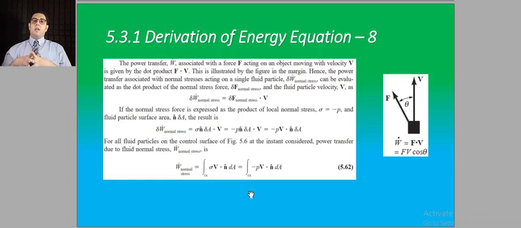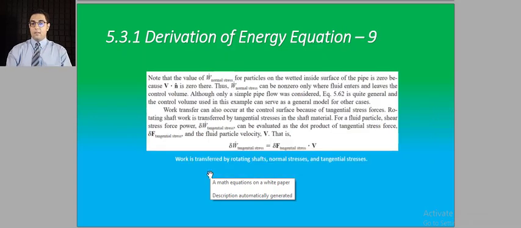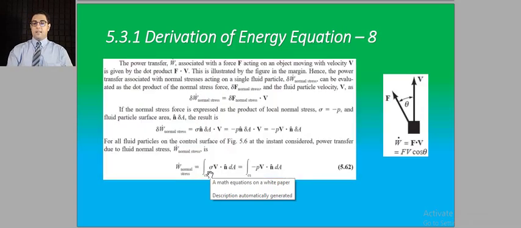There's another work that I told you, the second type, which is in the next slide.